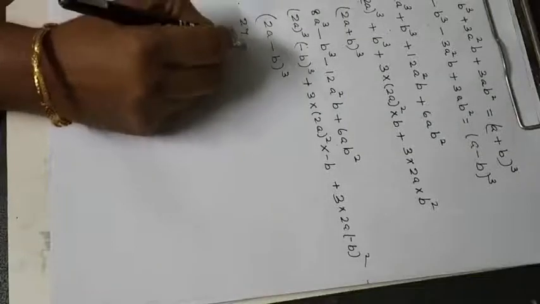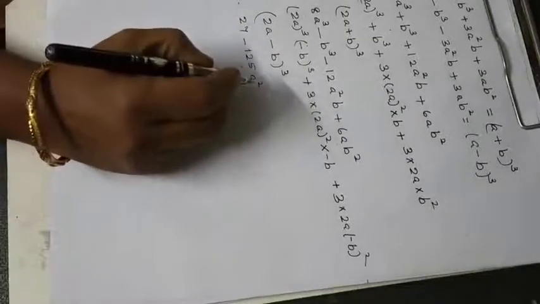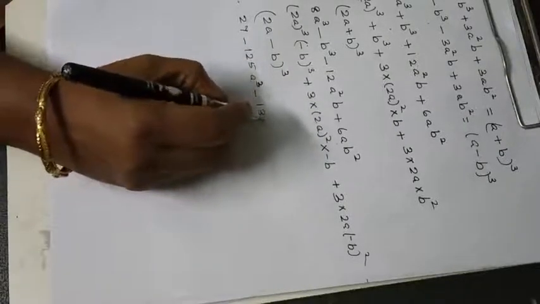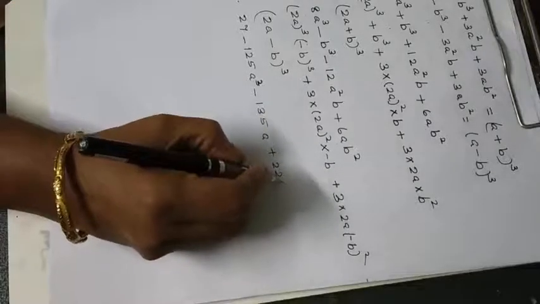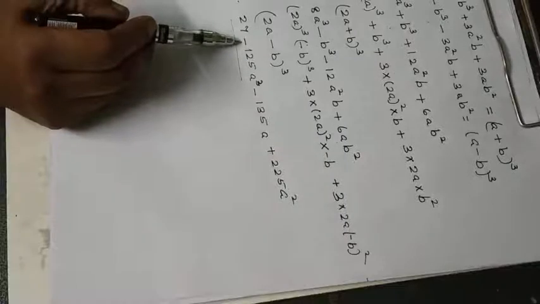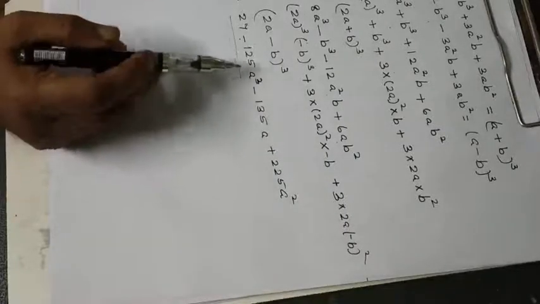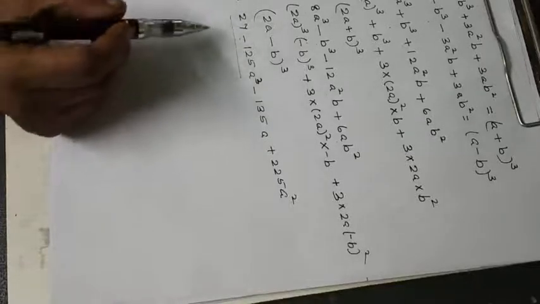27 minus 125a cube minus 135a plus 225a square. Now look here also, two perfect cubes are there and in between negative signs are there. So from that itself you will understand it is in the form a minus b the whole cube.